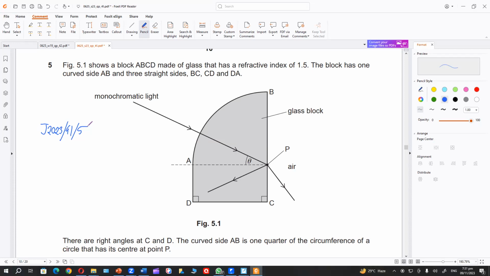Now, this is a monochromatic light. It is getting in the block, going straight, hitting the point P. Some of the light is coming back and some of the light is going on the other side in air.